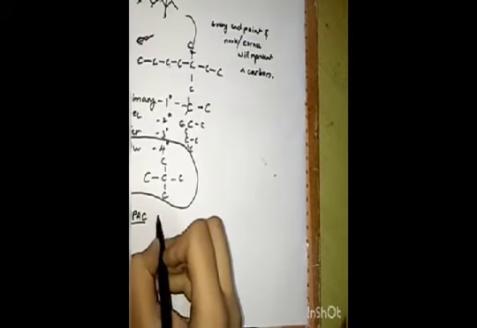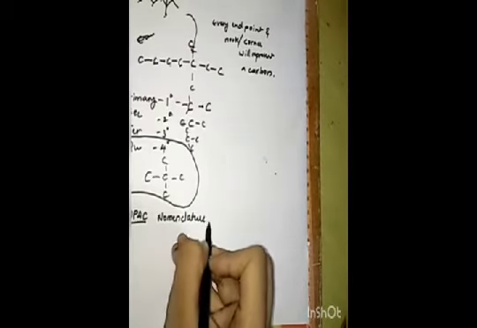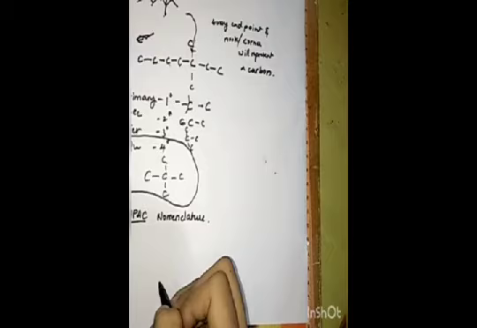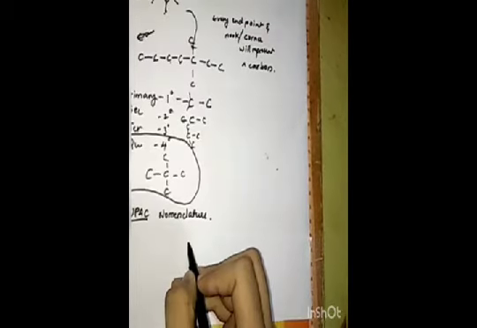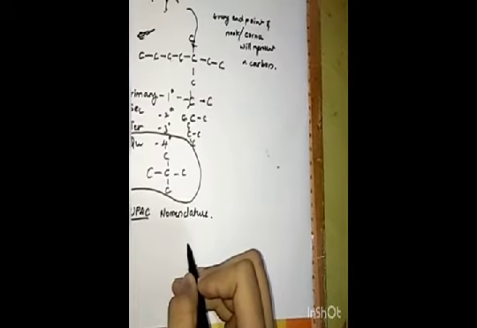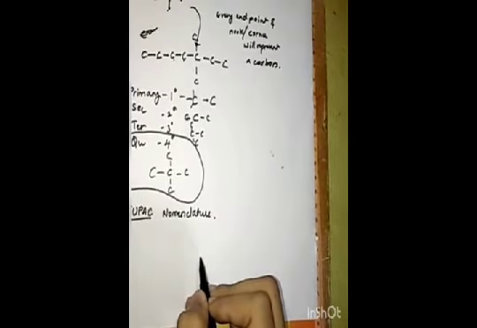The next thing which is important, and from which questions arise, is the IUPAC nomenclature. For this IUPAC nomenclature, a very important formula, which if kept in mind will be very helpful, is applicable in any carbon chain.